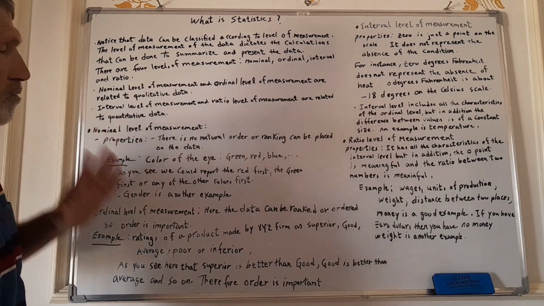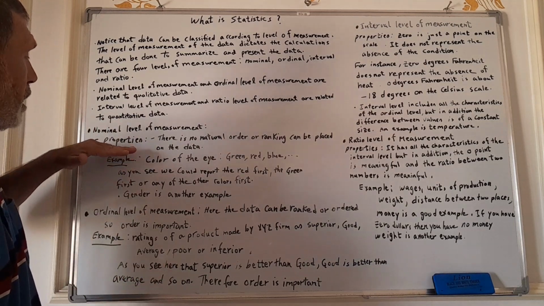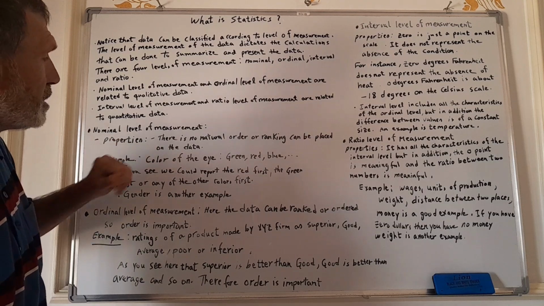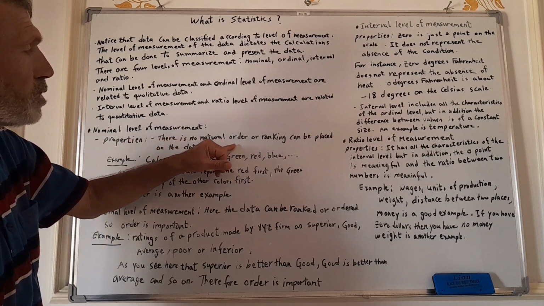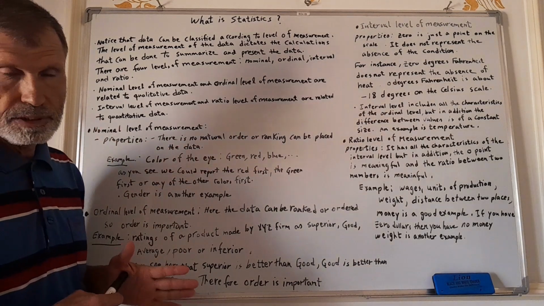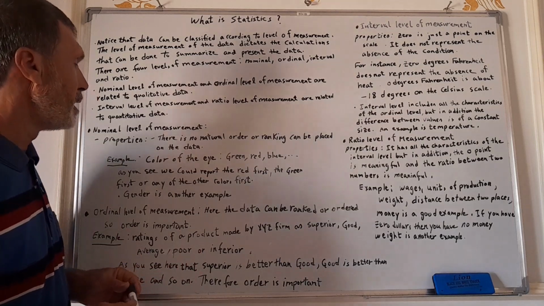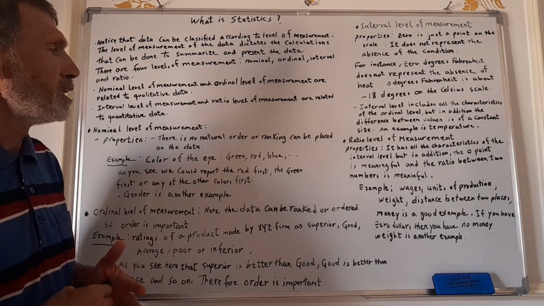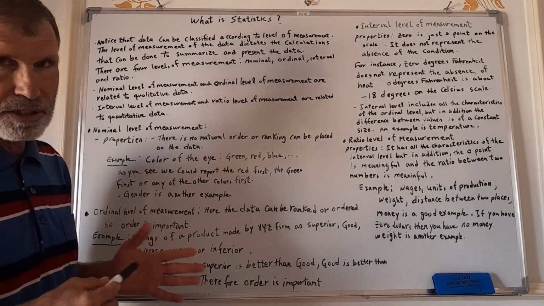Great. Now, let's talk about each level of measurement. First, the nominal level of measurement. The property of the nominal level of measurement is that there is no natural order or ranking that can be placed on the data. When we talk about the nominal level of measurement, we don't expect any kind of order or ranking of the data.